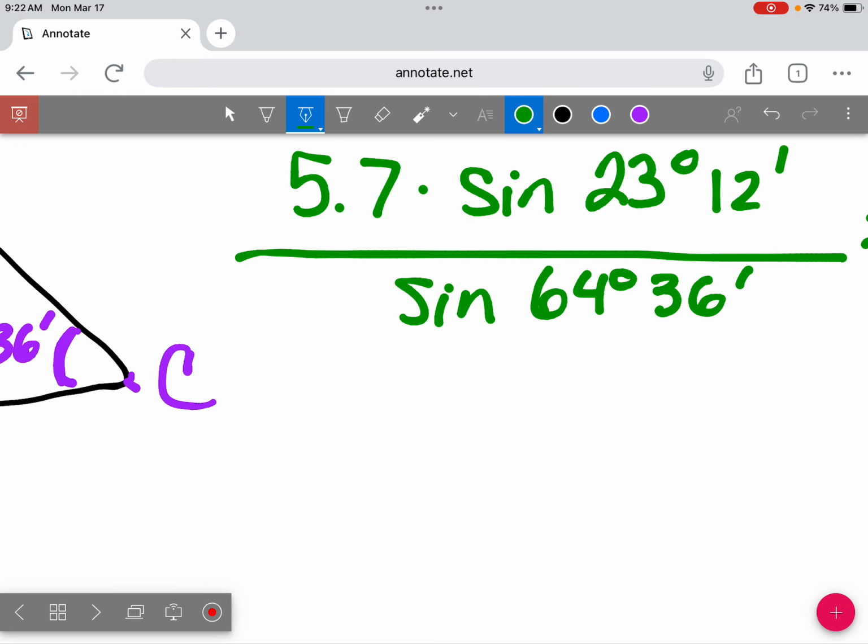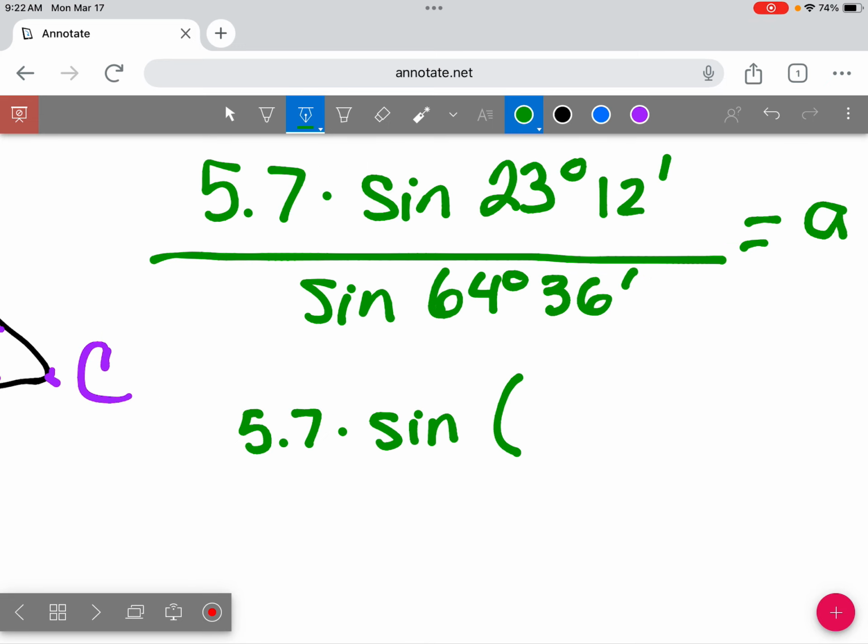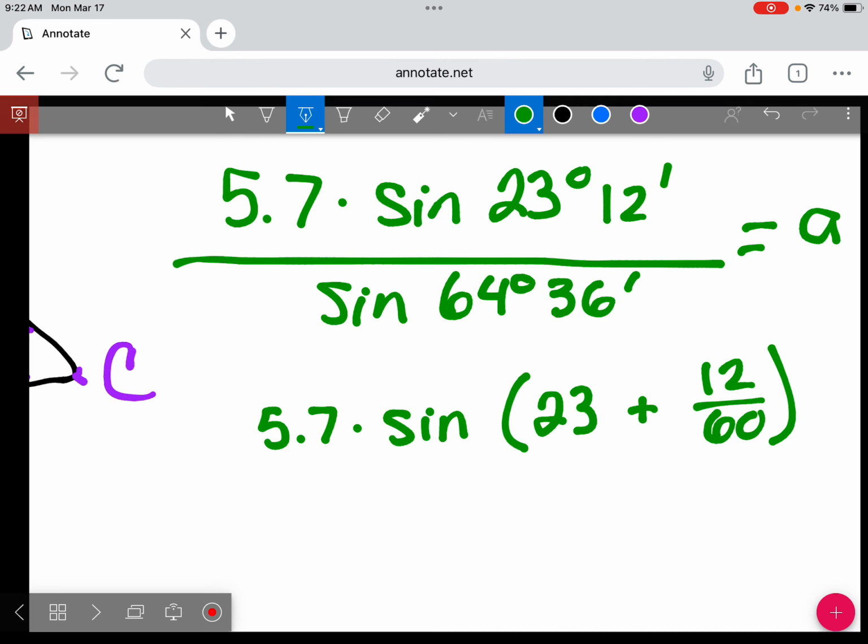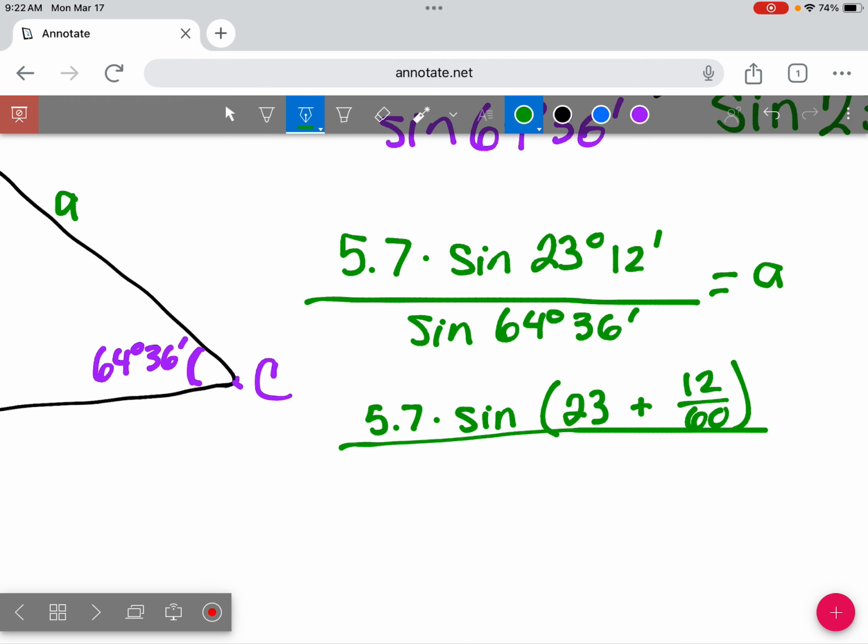You can put it in the calculator as 5.7 times sine, and it opens our parentheses automatically, and we don't even have to simplify stuff. We can put our 23 degrees plus 12 out of 60. It's super gross, but we can do it. Sine, and we can do the same thing down here, our 64 degrees and our 36 minutes out of 60.